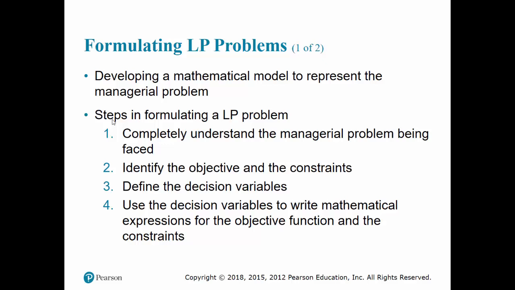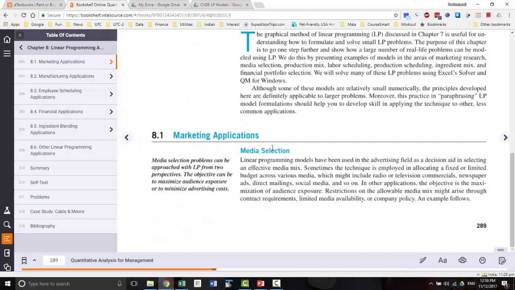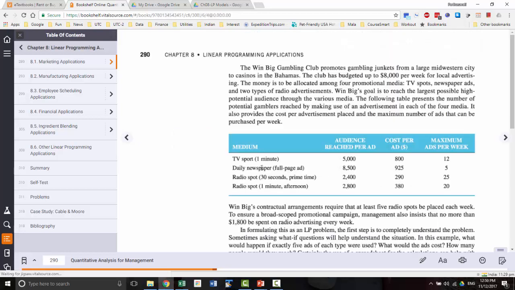So let's start with the first application, which is an application in marketing management. This marketing application relates to media selection. We have an advertising campaign that we need to plan, and we have 4 different mediums to select from.